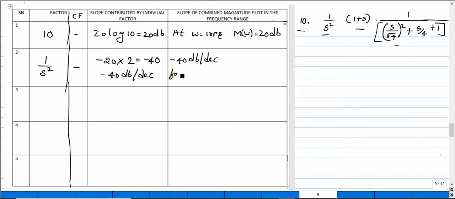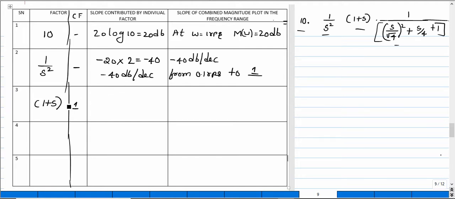This is the slope from 0.1 rps, the starting point, to the next corner frequency. We shall calculate the corner frequency of the next term, which is in the numerator, that is 1 plus s, in the form 1 plus Ts, and the corner frequency is 1 by T. The T value is 1, so the corner frequency will be 1. Let me write here from 0.1 to 1 rps.